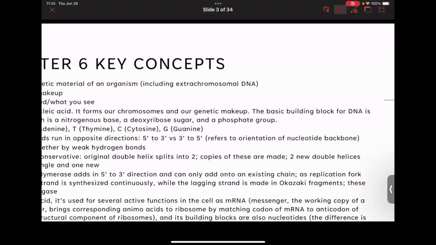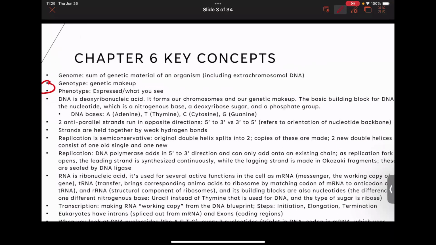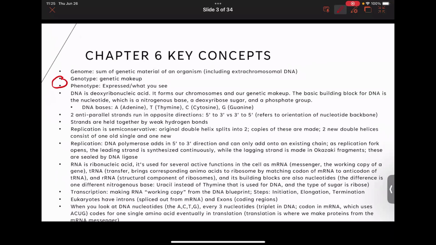So that gets us into talking about the DNA structure, which DNA stands for deoxyribonucleic acid. So the deoxyribo is the D, the nucleic acid. This is basically what our chromosomes and our genetics are made up of. Anything that is a cell has DNA for its genome.